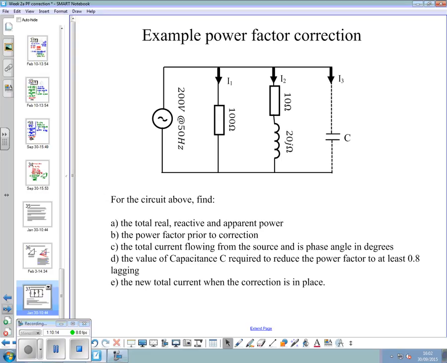So this gives you an idea of what difference adding some capacitance in afterwards does.